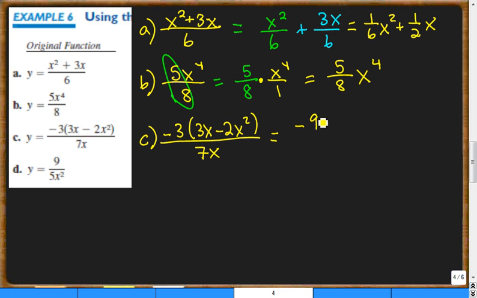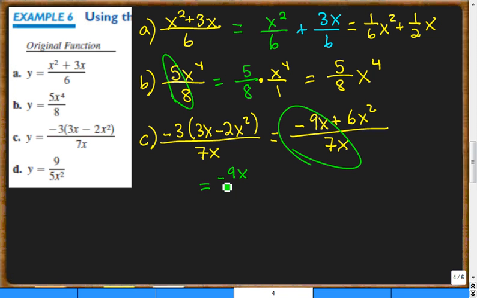I'm going to get negative 9x plus 6x squared, all over 7x. Like the previous examples, we're going to split this up. This is going to be negative 9x over 7x, and this is positive 6x squared over 7x.